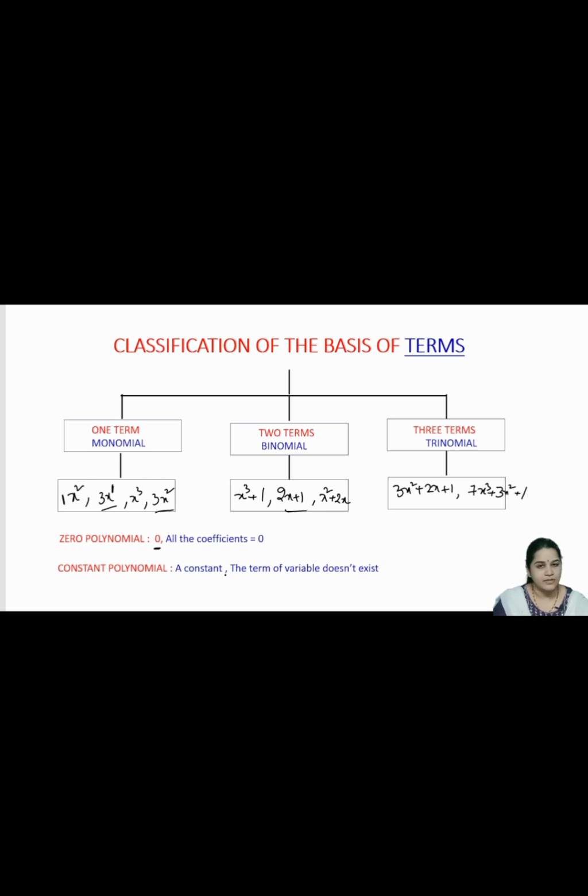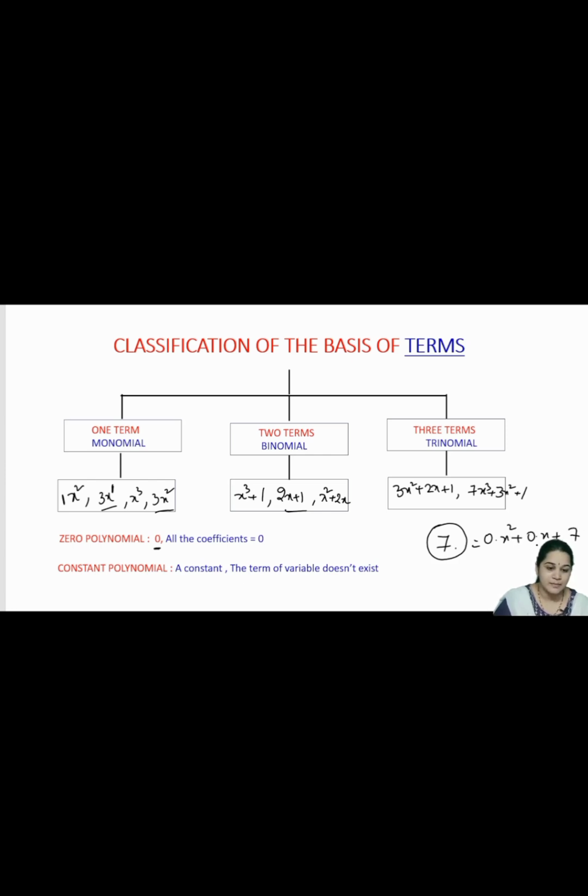Constant polynomial. Just a constant is called a constant polynomial. The term of variable doesn't exist. Suppose we consider the number 7. 7 can be written as 0 into x square plus 0 into x plus 7.